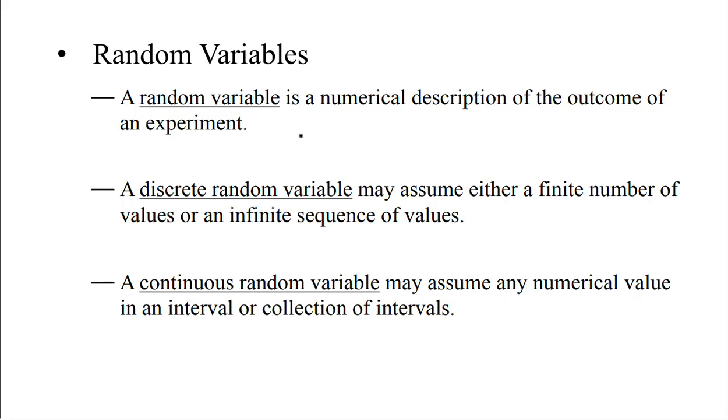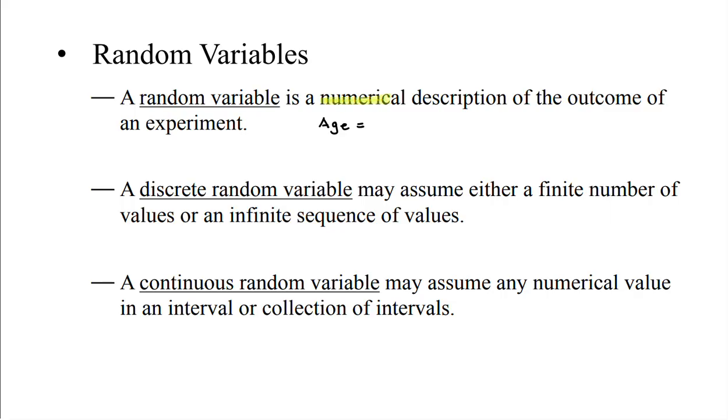So take for example a variable like age. If I consider a person and I say, what is your age? What I'm going to get as a value for this variable of interest will be numbers. And so that is one very important characteristic of a random variable. All random variables take numbers.